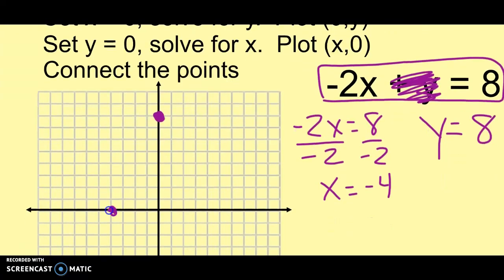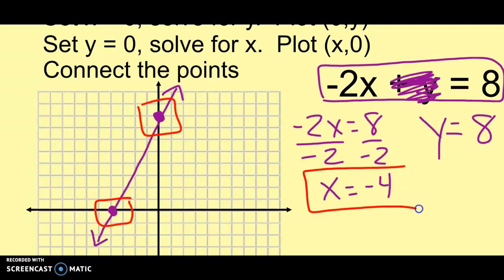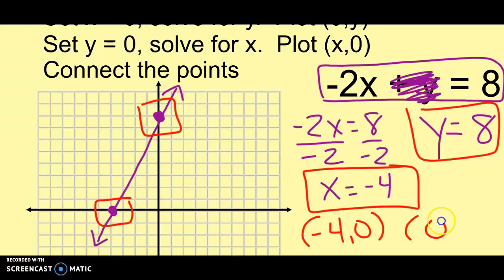Makes it super fast and super easy, especially if you're just looking for intercepts. And then you can connect the dots if you need to look at the graph. If all you need are the intercepts, here they are, right here. There's one and there's another one. So x is equal to -4, y is equal to 8. You could also write it as -4, 0, and then this is 0, 8.